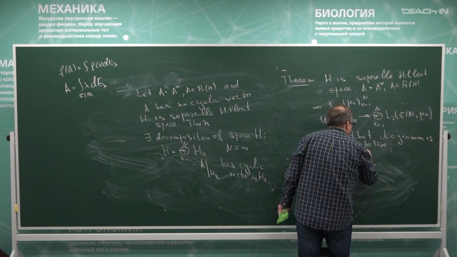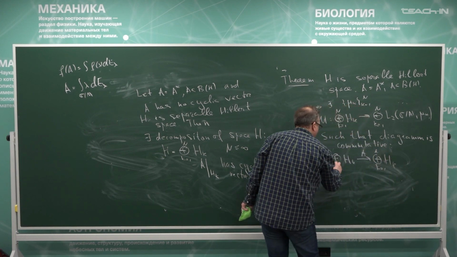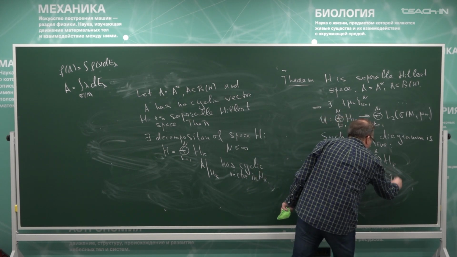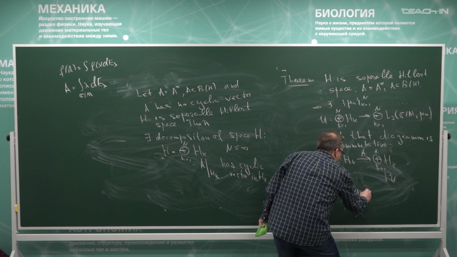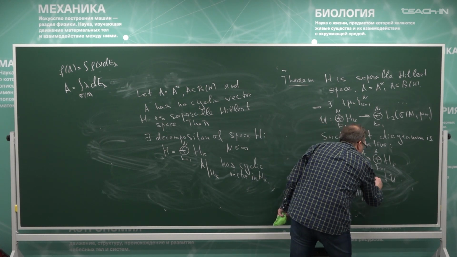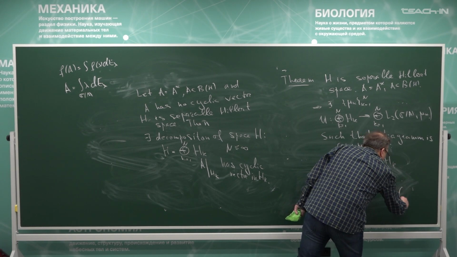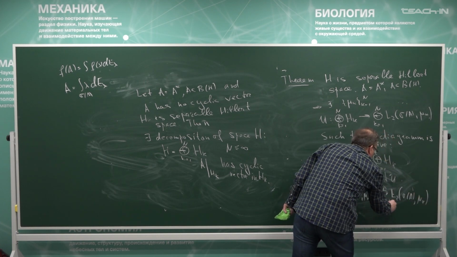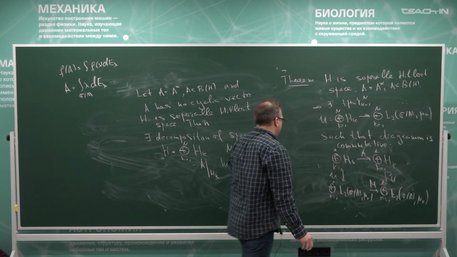Here we have our operator A. Here we have the unitary isomorphism U. Here we have the direct sum of L2 spaces on the spectrum with different measures. And here we obtain the operator M, where n is capital N. And what is the operator M?